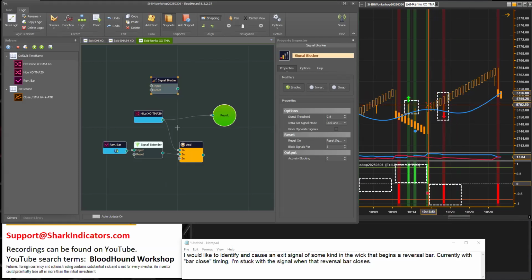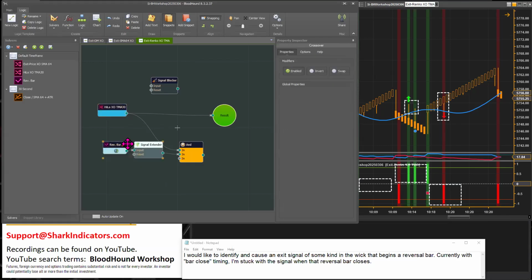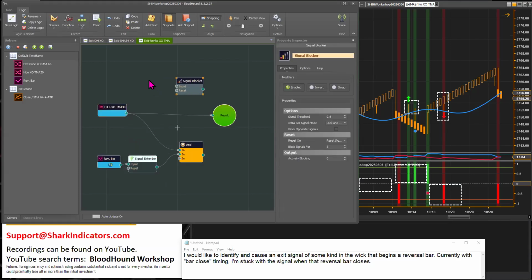But in this particular case, we actually have a long up signal that we're trying to use to block, which I just realized, again, I might have overlooked or overcomplicated this. So actually maybe there is a simpler solution here. Let me take an OR node there.